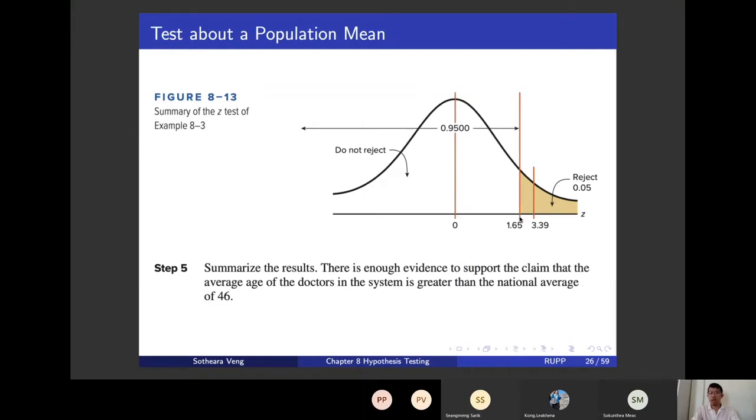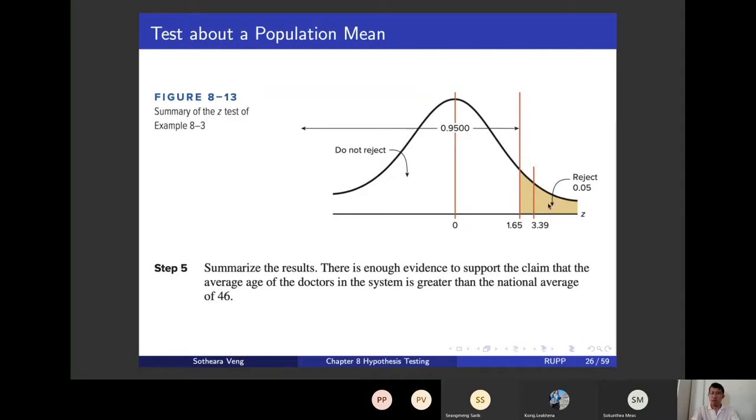So again, if you look at the critical value and the test value, you will see that the test value falls inside the rejection region, or in other words, it is greater than the critical value. So you have to reject the null hypothesis. But in the same case, you may just look at the area.